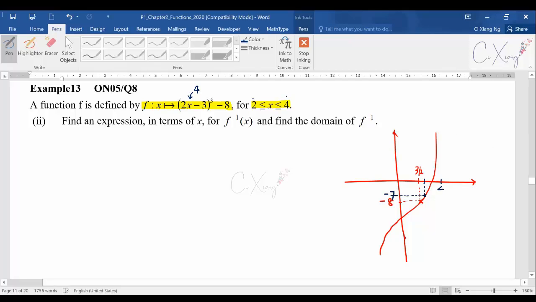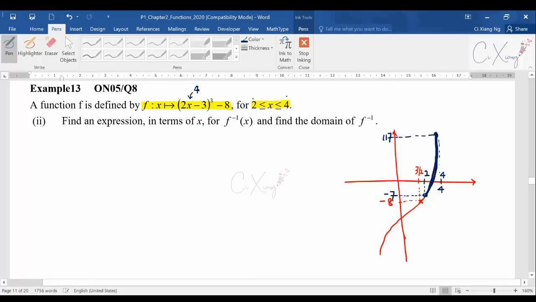Never mind. This is a 2, right? So this is a 4. So when you're having a 4, this value will be 125 minus 8, 117. So generally, this is the part of the graph that they want you to consider only in this question or this function.